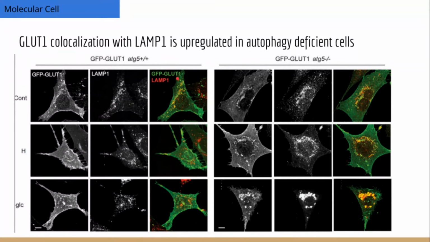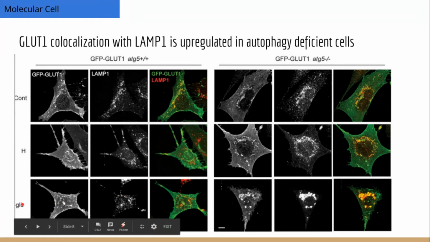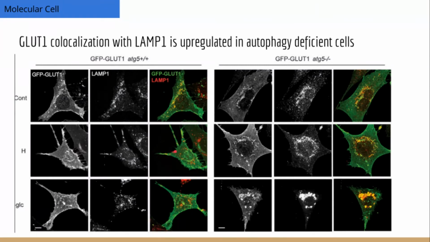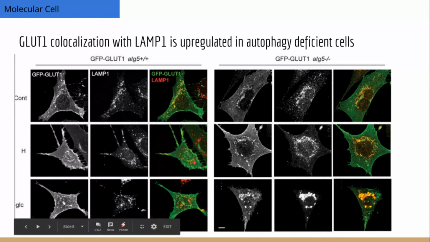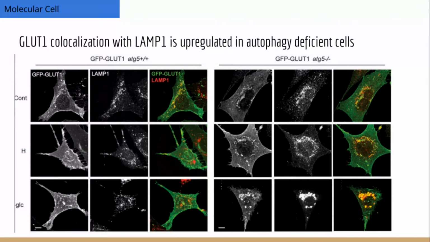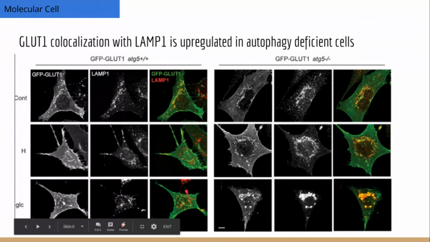So in these little pockets, there's a little bit of co-localization with LAMP1, and this indicates that a little bit of the GLUT1 is being degraded during basal conditions. But then you can see during hypoxia or glucose starvation, green is lining the surface of the cell because GLUT1 is being transported, and you don't see any yellow. So in other words, you don't see any co-localization between LAMP1 and GLUT1 because it's not being degraded, and it wouldn't make sense to degrade GLUT1 during hypoxia or glucose starvation.